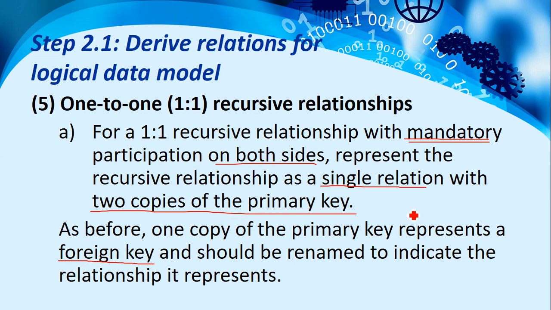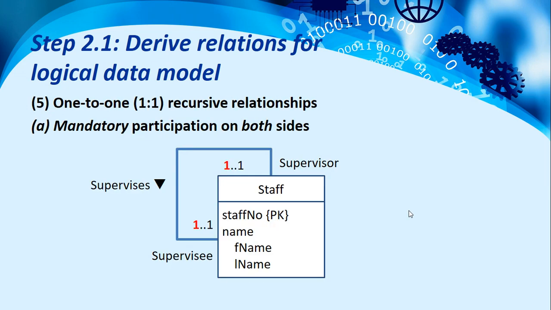We have an example naman to visualize yung na-mention dito. Kasi recursive nga, pag sinabing recursive relationship, yung entity has a relationship to itself. So kaya nga yung line na to, it connects back to itself, kasi it represents a recursive relationship.